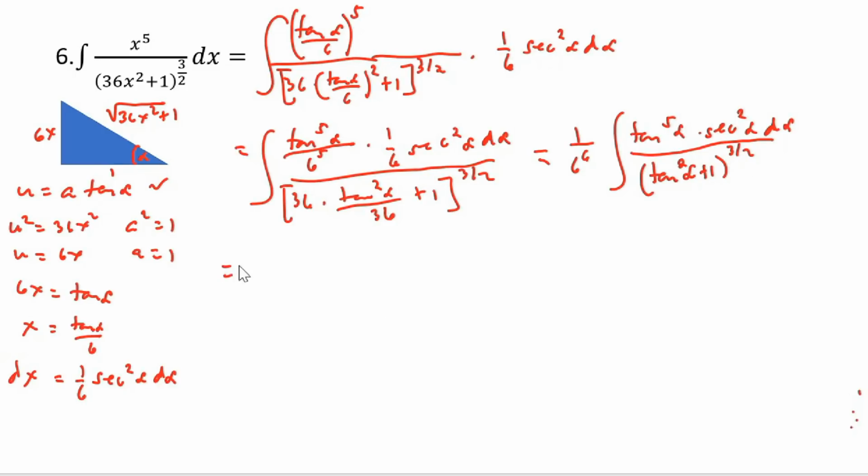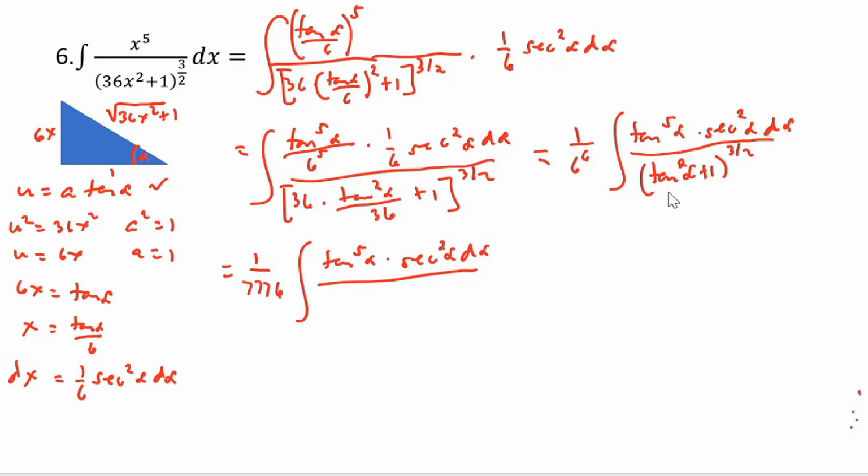Simplifying further, 1 over 6 to the 6th power is 1 over 7,776, times the integral of tangent to the fifth power of alpha times secant squared alpha d alpha.